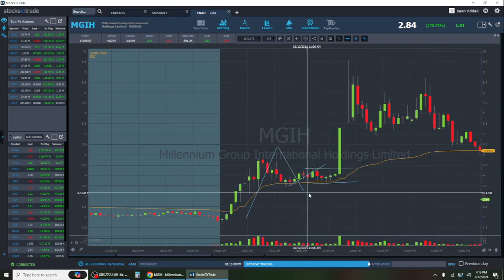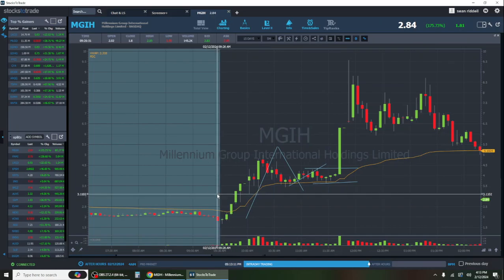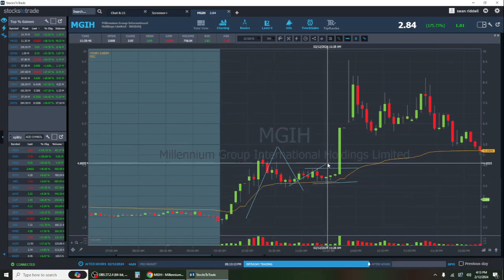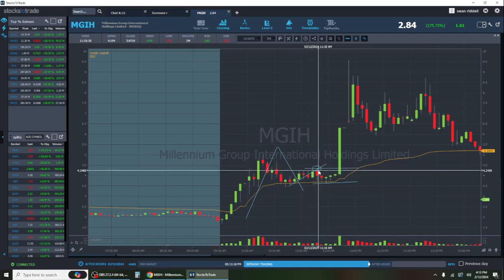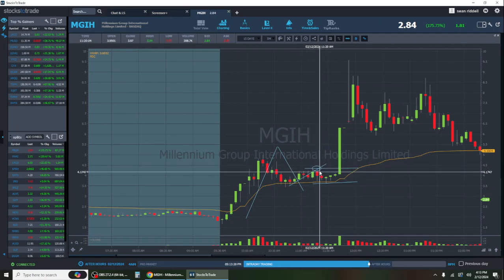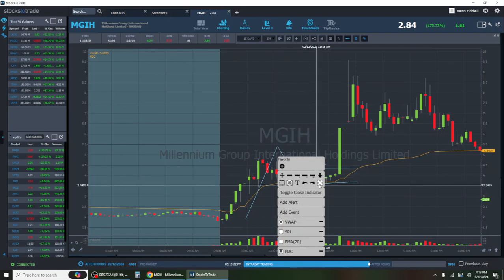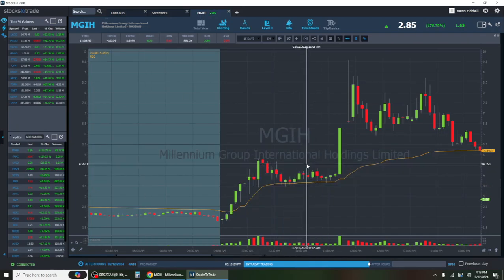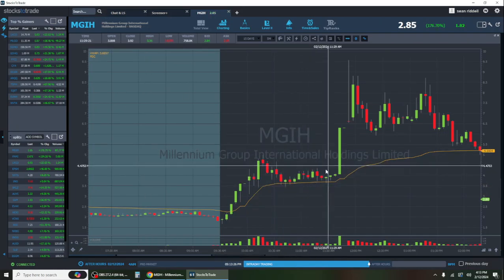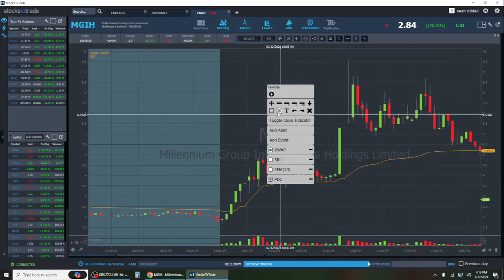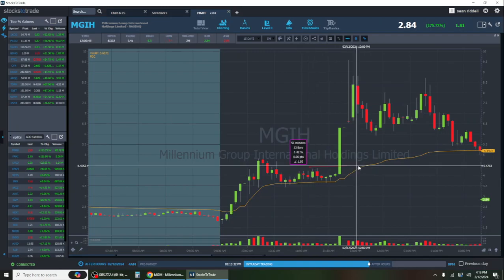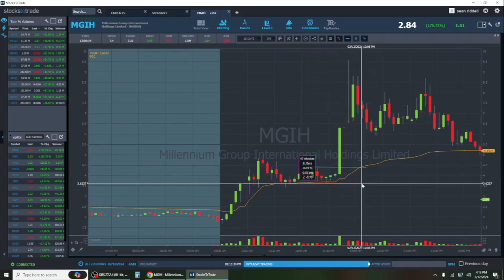So maybe what we could do is a stock like this, put it on the 5-minute. Once we get an established entry or trigger zone, put it on the 1-minute. Interesting. So let's just leave this here for now on the 5-minute.